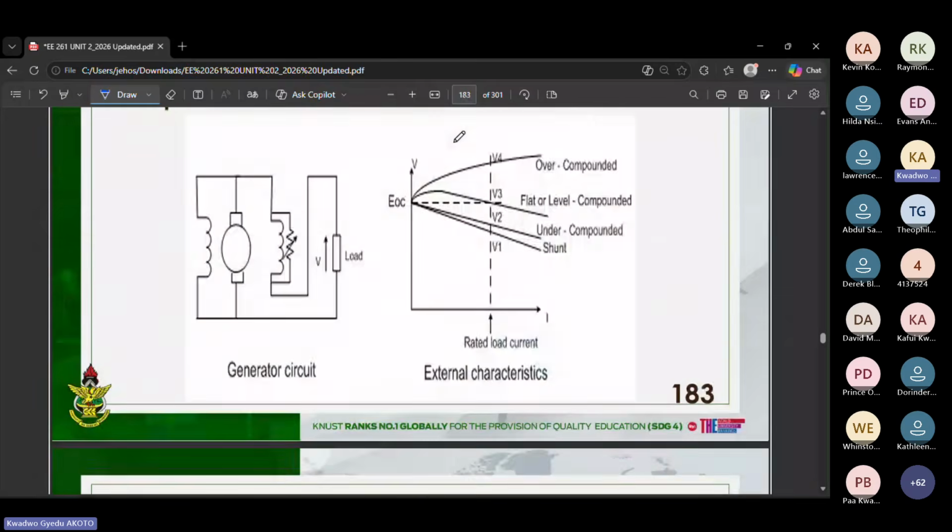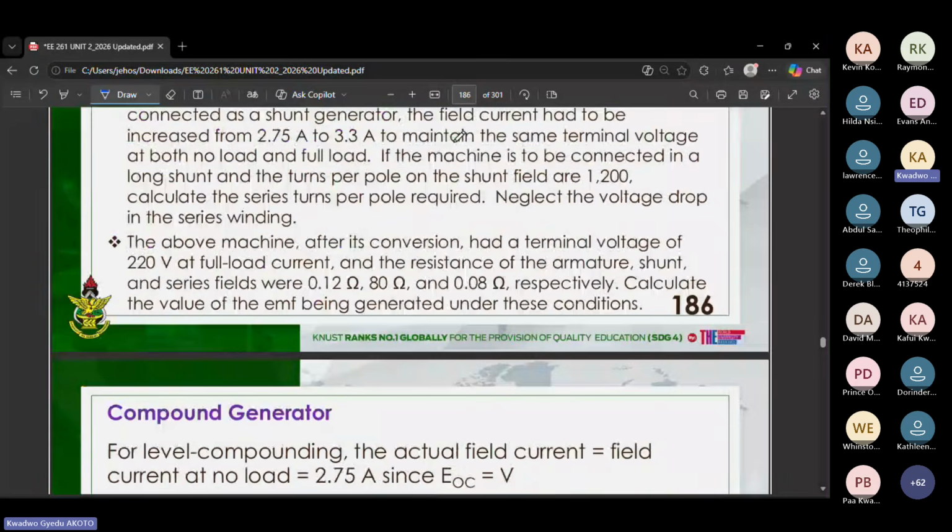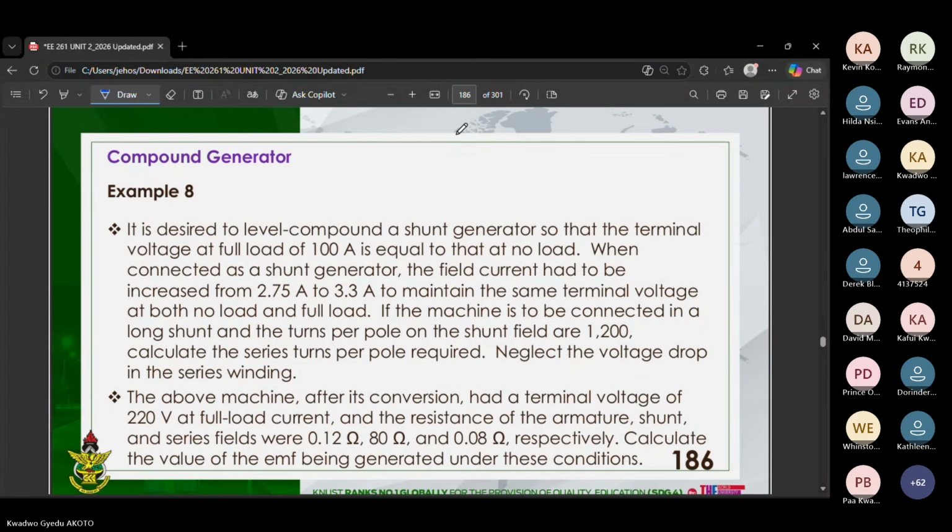So example 8. For compound generator, it says it is desired to level compound a shunt generator so that the terminal voltage at full load of 100 amps, so this is load current, is equal to that at no load. Okay.